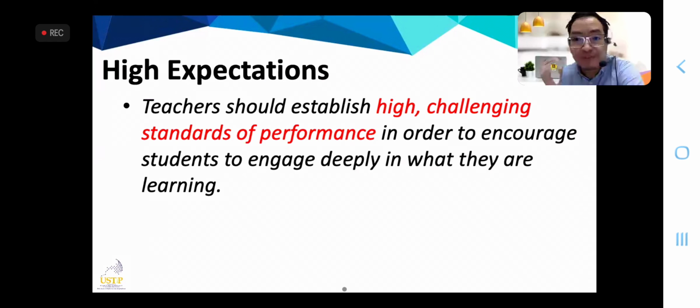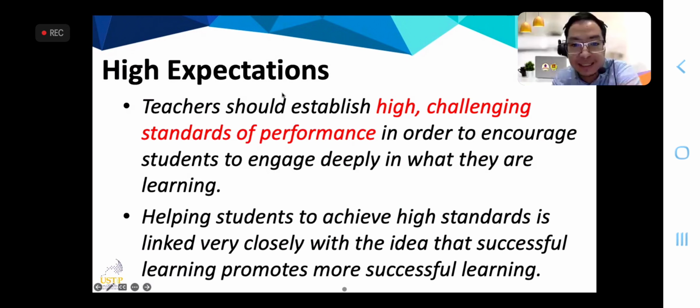But if you're not teaching well, you do not provide them the skills necessary to demonstrate what you want them to demonstrate, then they will not be learning at all. This is what Spady said, that when we help students to achieve high standards, the learning will become more successful.